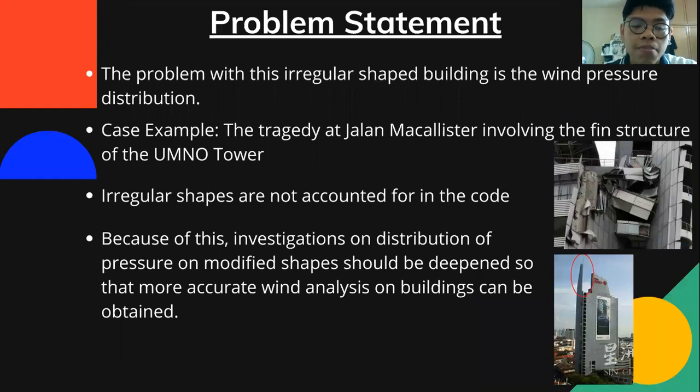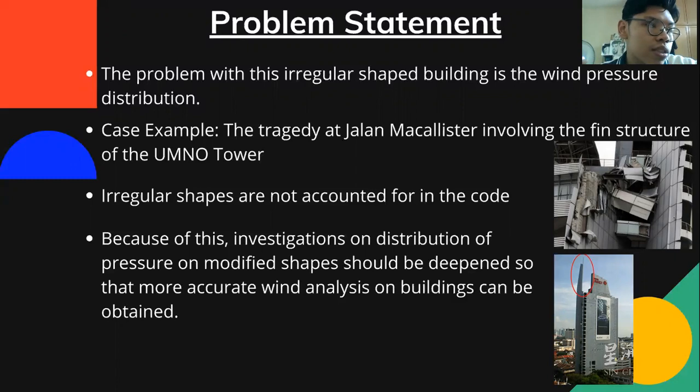But the problem statement is that irregular shaped buildings are not accounted for in the code. The code only accounts for basic shapes. So we can take a case example, which is the tragedy at Jalan McAllister, which involves a 200-ton fin structure of the UMNO Tower.